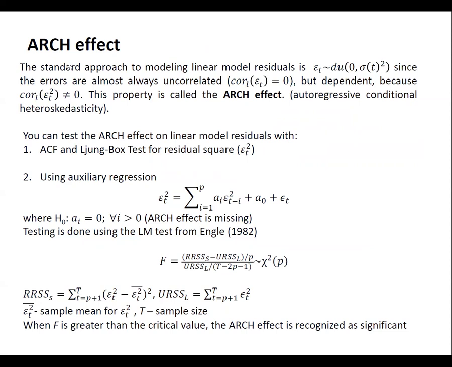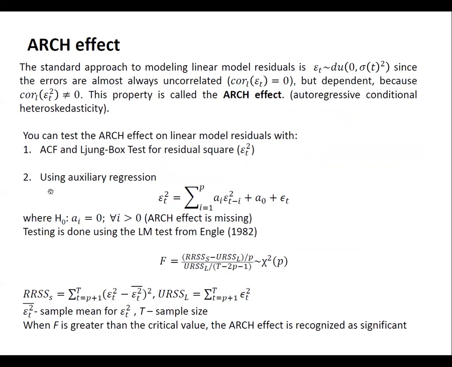There are two ways to test the ARCH effect. The first method is the easiest, and I recommend that you use it as part of this course. In essence, this is the autocorrelation function and the application of the Ljung-Box test for the squared residuals of the ARMA model.